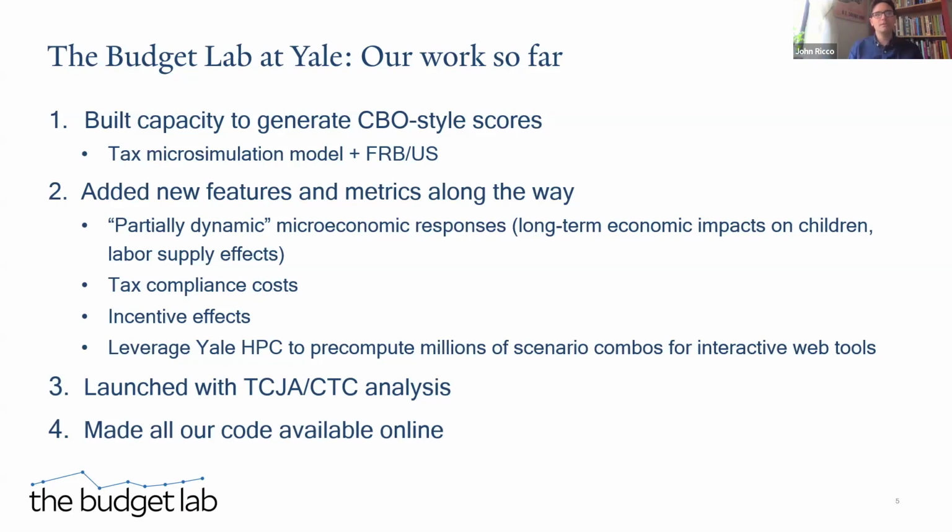This isn't new to the space entirely, but we're trying to incorporate behavioral responses that go beyond what would be considered in a CBO score, which is generally limited to a somewhat narrow set of avoidance or shifting behavior, and really start to think about partial equilibrium effects, whether that's labor supply responses or productivity changes. People have of course looked at these before, but integrating them as a standard output for whatever score we analyze was a first step.